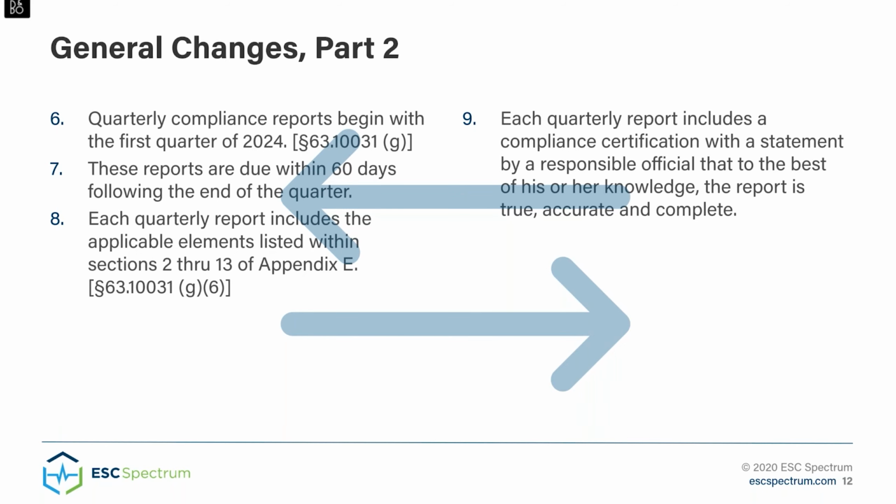The interesting part for the new quarterly compliance reports is that they are due within 60 days following the end of the calendar quarter, not 30 days, but 60 days. And I expect there to be some questions as we get closer about how this is exactly going to work out.